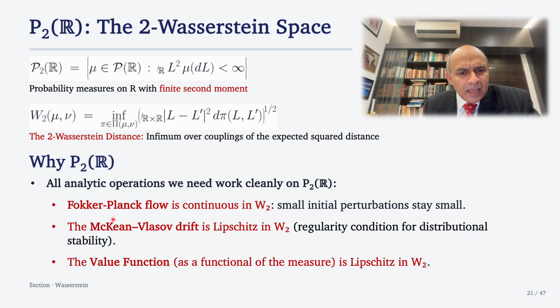Well, the Fokker-Planck flow is continuous in W2. The McKean-Vlasov drift is Lipschitz in W2. Also, the value function is Lipschitz in W2. And we also have the Wasserstein-Arzelà-Ascoli result, which gives us compactness. That's what we need for the Schauder fixed point.